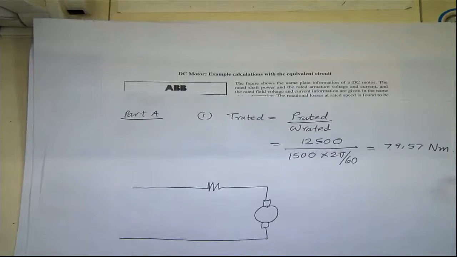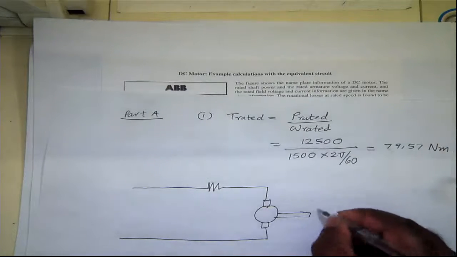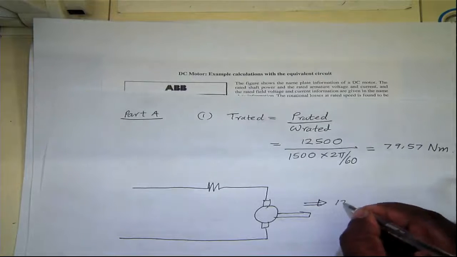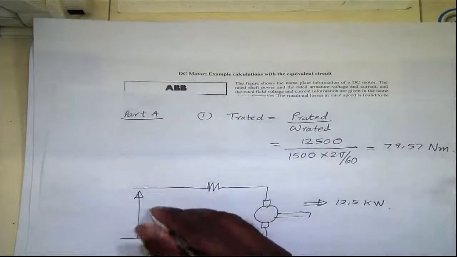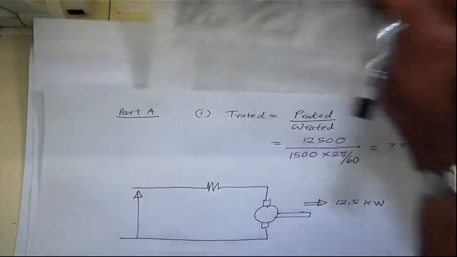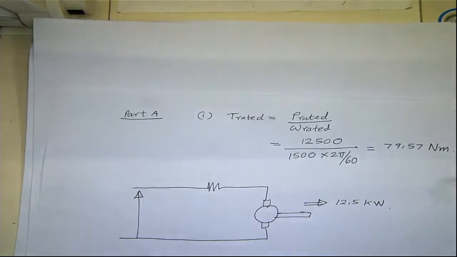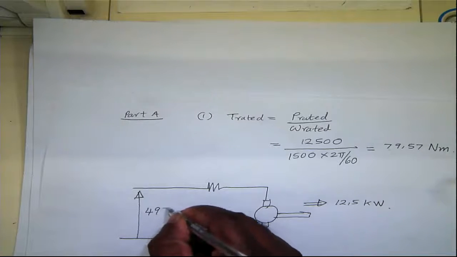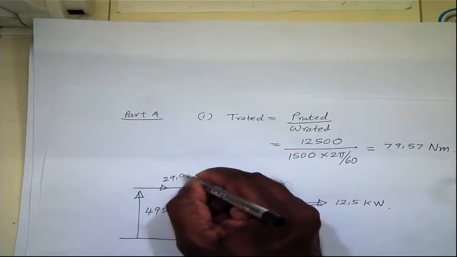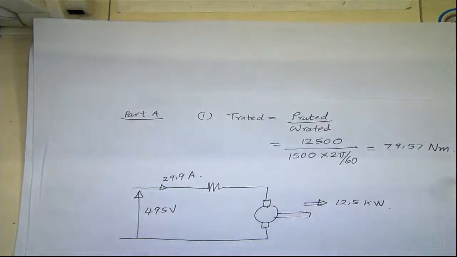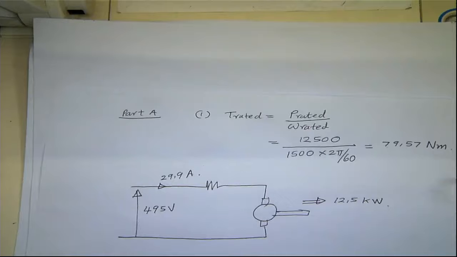This is the armature circuit, and this is producing 12.5 kilowatt, and you're feeding this in with a certain voltage, which the nameplate says is 495 volts, and the armature current is given as 29.9 amperes. That's the armature current and voltage.